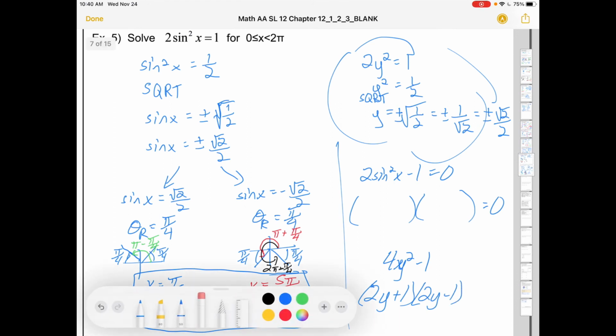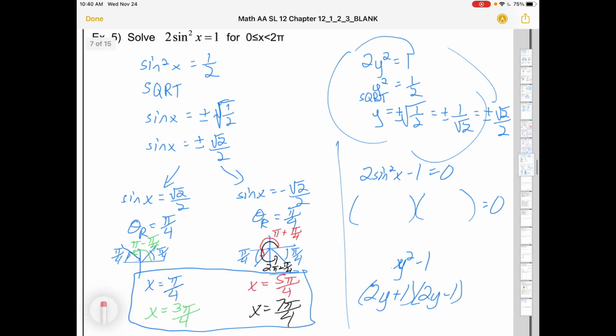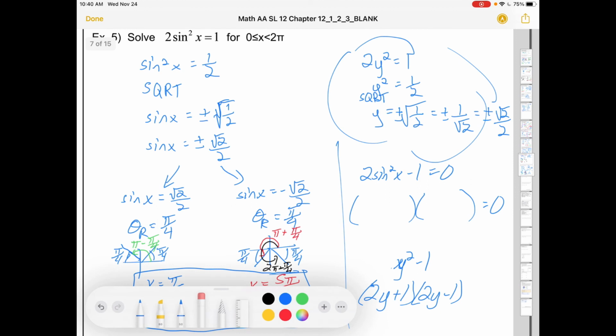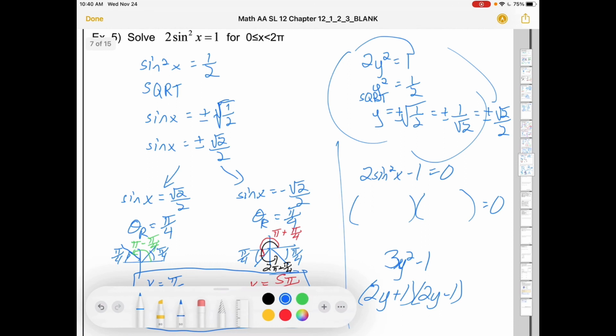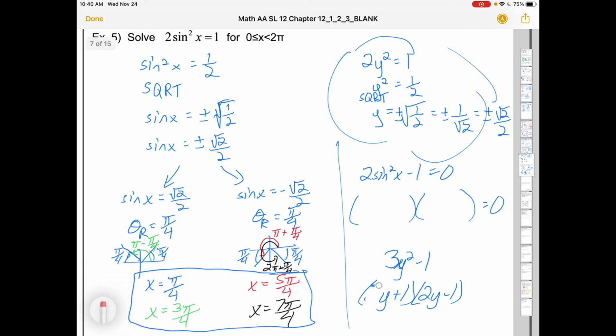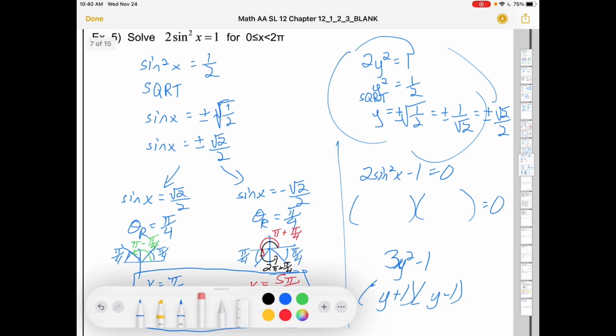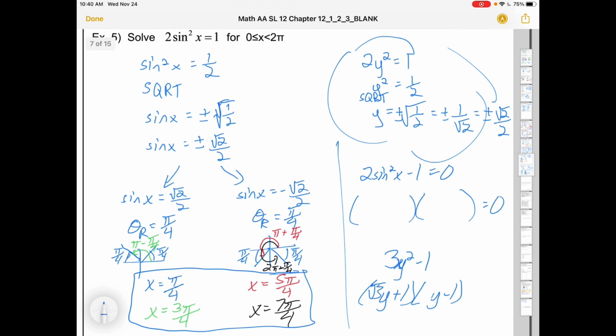Things get a little dicier, though, if the first number is not a perfect square. So if we had 3 here, it's going to be harder to find the square root of 3, but not impossible. Sure, the square root of 3 is not an integer, but we can still write it. You can factor this as a difference of squares too.